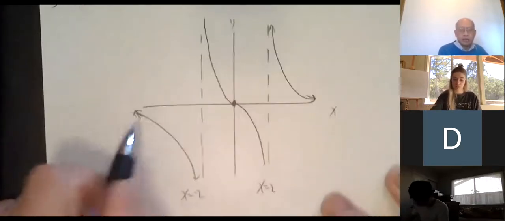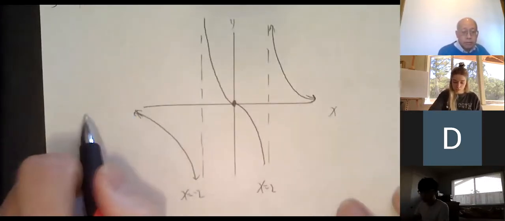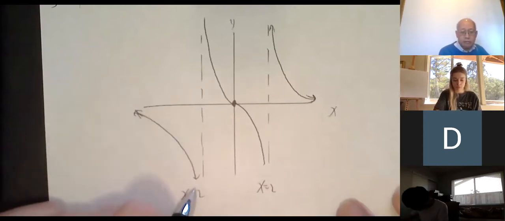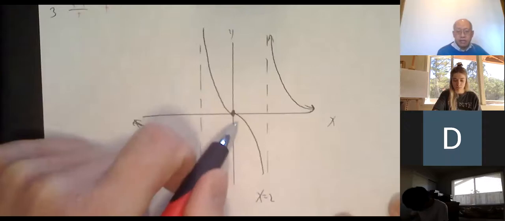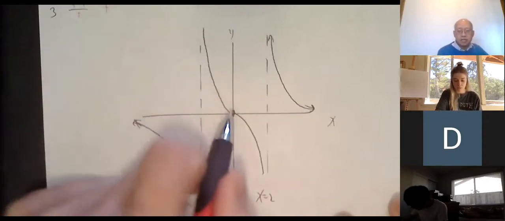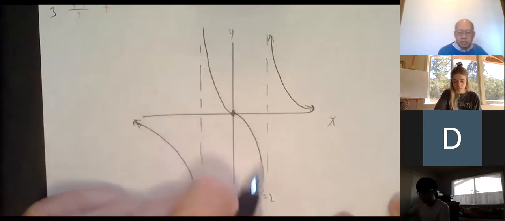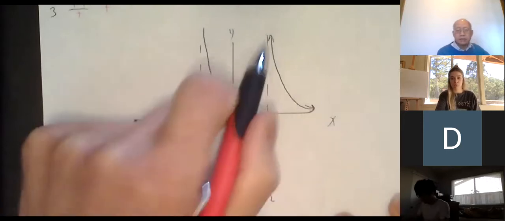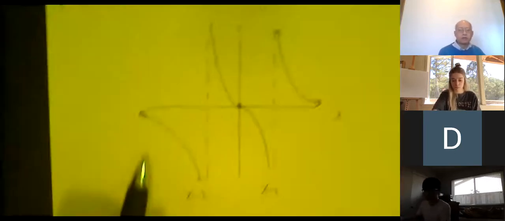Function's always decreasing, so it goes toward 0, always decreasing, so it goes toward negative 2. And over here, it's decreasing, touches here, concave up, switches to concave down, but still decreasing. This one's always decreasing, asymptote, asymptote, so it has to curve like so. So here's the entire graph.